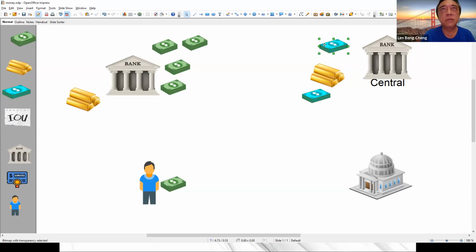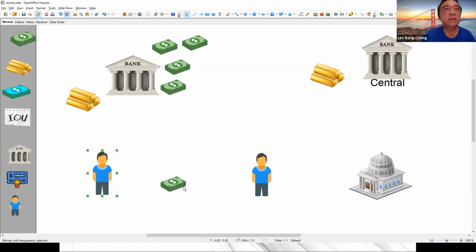So all this will be gone. Okay, so now everybody has money. So let's say if we want to buy something, okay, this person wanted to buy an item, let's say a car.